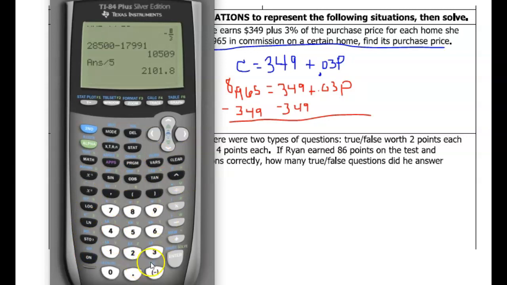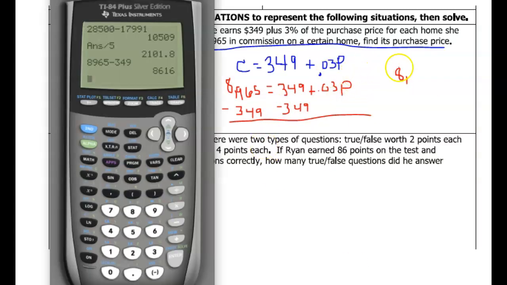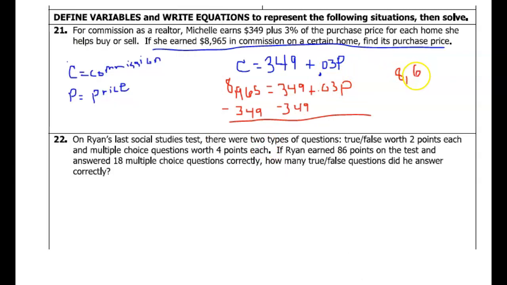We end up with 8,616, and that's equal to 0.03P. I'll divide both sides by 0.03.